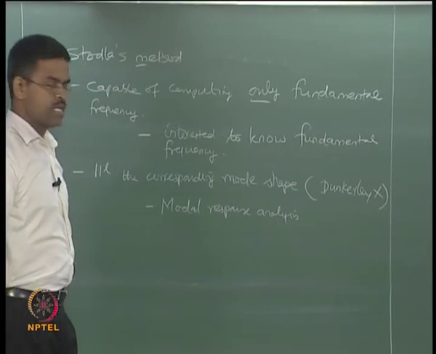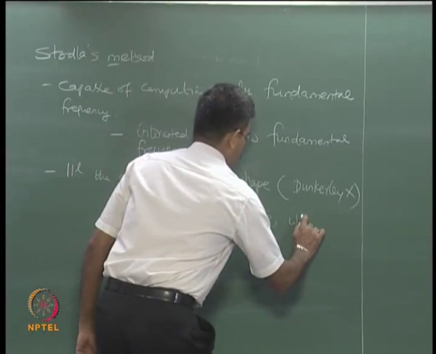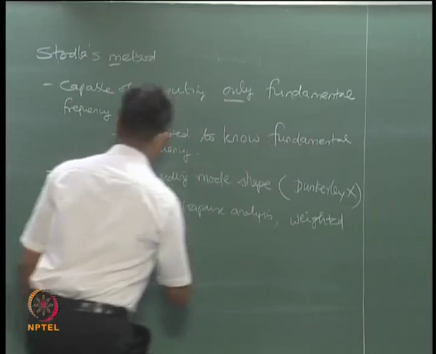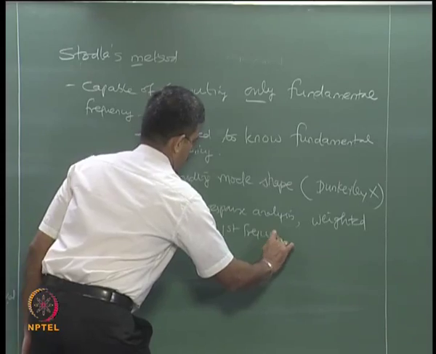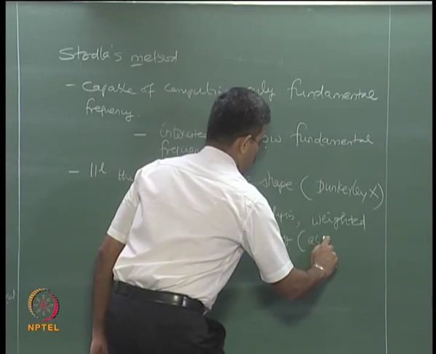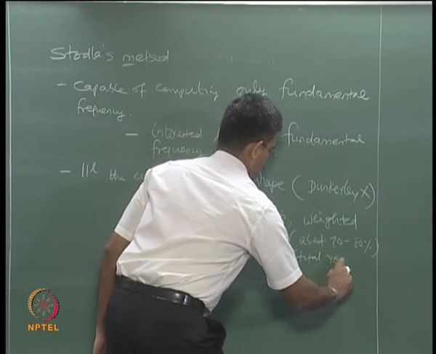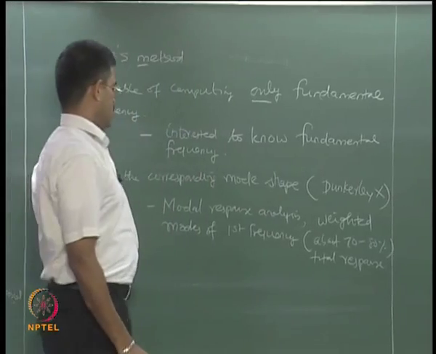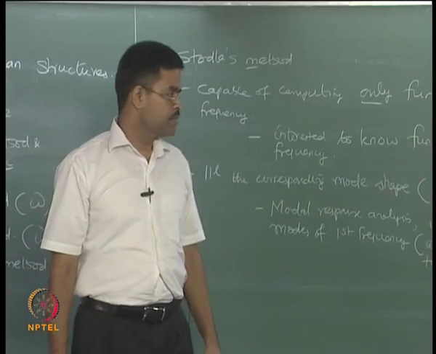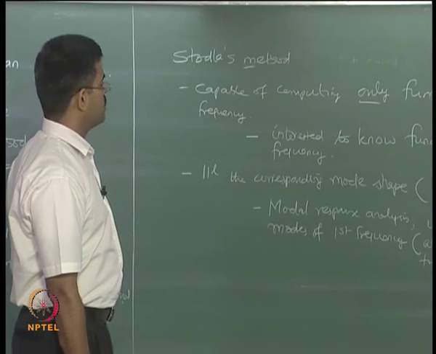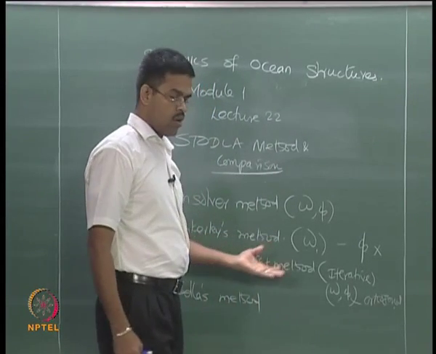In doing modal response analysis, which we will discuss in the second module, you will be generally considering the weighted modes of first frequency, which usually contributes to about 70 to 80% of the total response. So, if you have the first mode and the first frequency of your vibrating model, I think you are closely getting the answer of the response of the model, which otherwise need not be solved using an influence coefficient method, where I will get all omegas and phis.